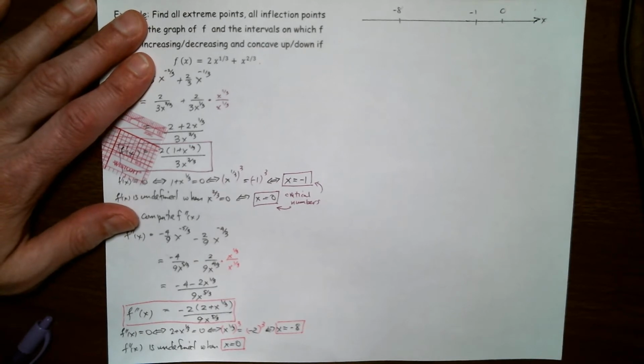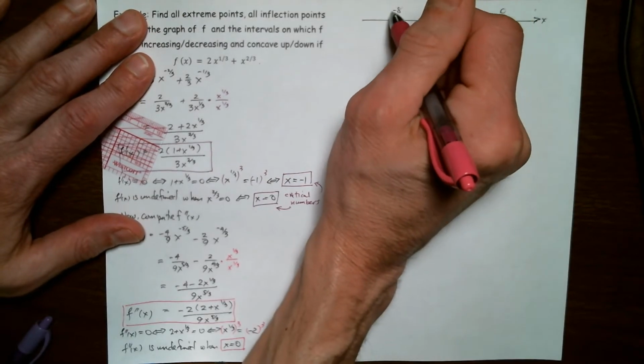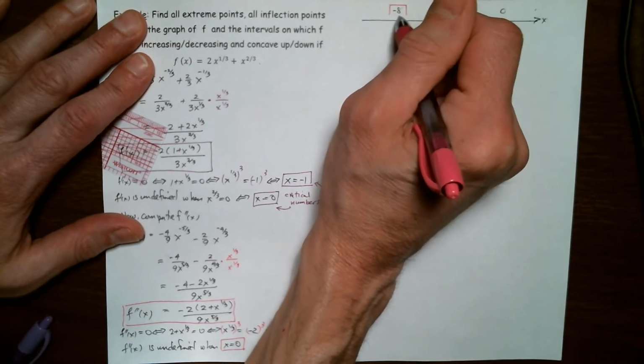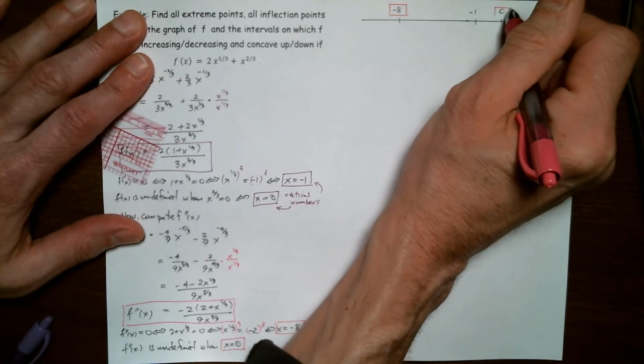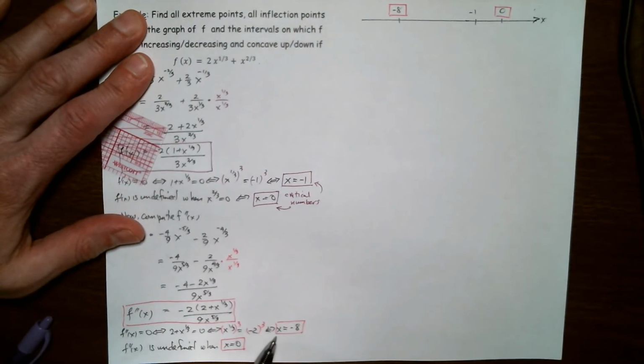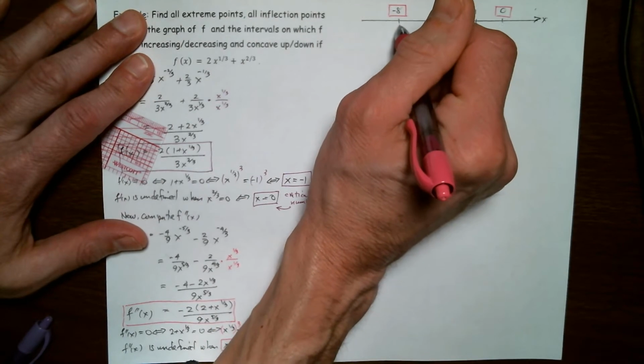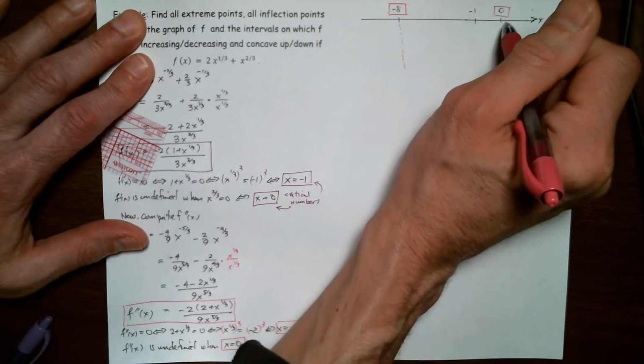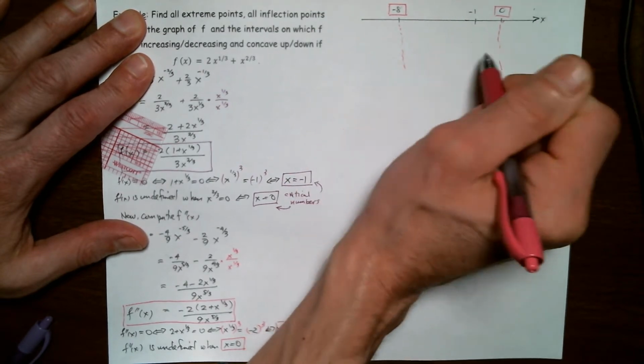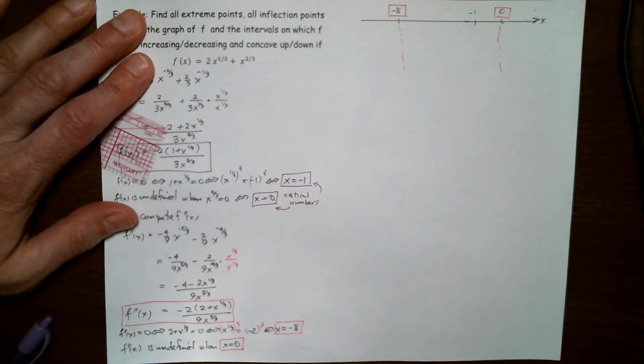And so what we saw was that at minus 8 and 0, let's put those two numbers in boxes. Those were the numbers where our second derivative was either 0 or undefined. So they're splitting the line up into 3 subintervals.